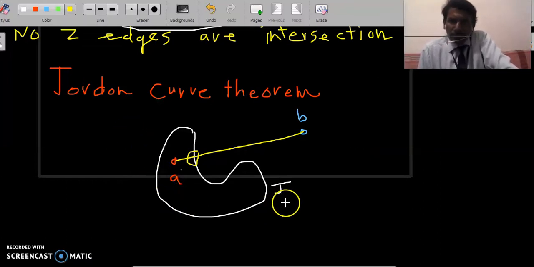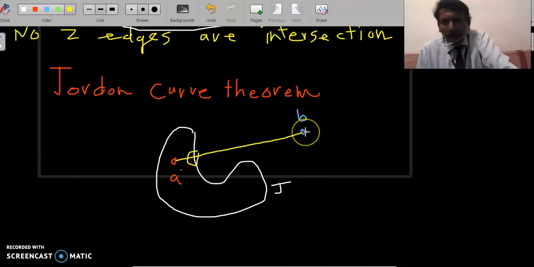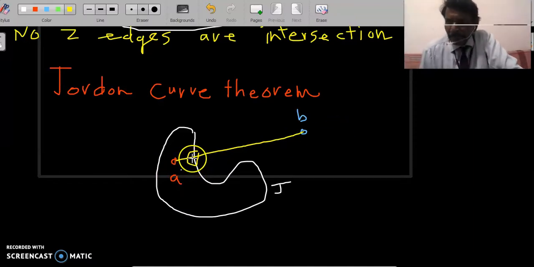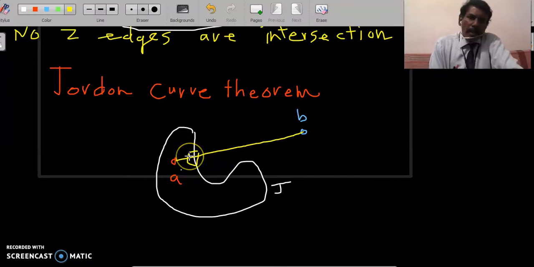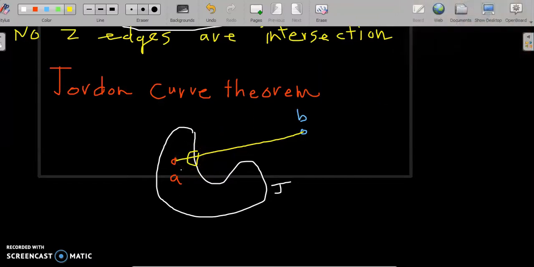Suppose J is a closed curve, A is an interior point, and B is an exterior point. Then definitely the edge joining A and B will intersect the curve. That's what we have to understand for the time being.